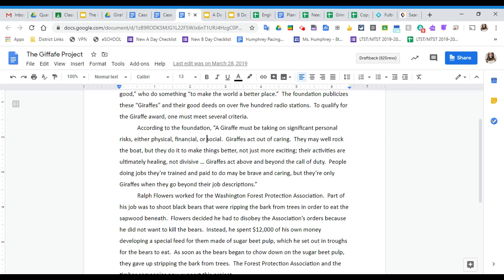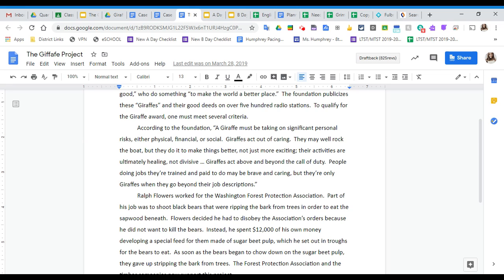In other words, maybe they're doing something unpopular and they might be considered social outcasts in some aspect, or it might have negative impacts on their social life. But they're being an upstander rather than a bystander.